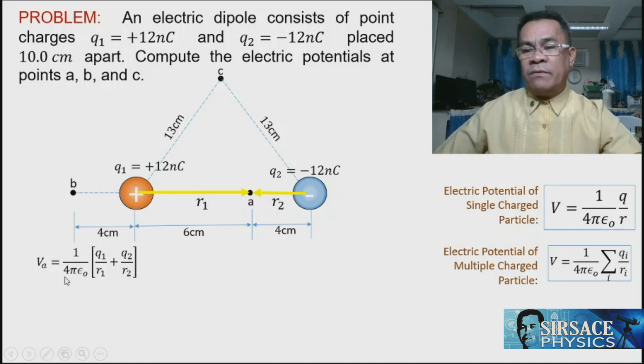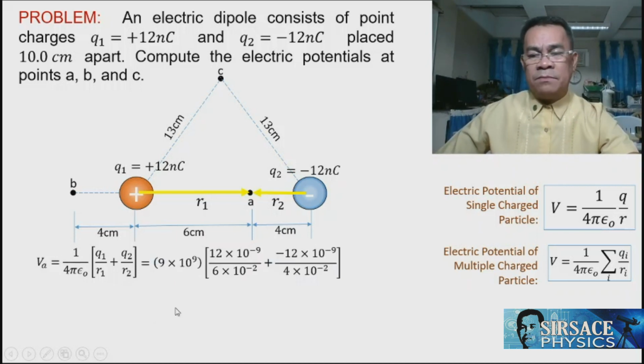So then, 1 over 4 pi permittivity is the electric constant. Therefore, substitute. The electric constant is 9 times 10 raised to 9. What's the unit? This is Newton meter square per coulomb square. Now this one is the charge. We multiply it by 10 raised to negative 9, because we want to convert the 12 nanocoulomb to coulomb.